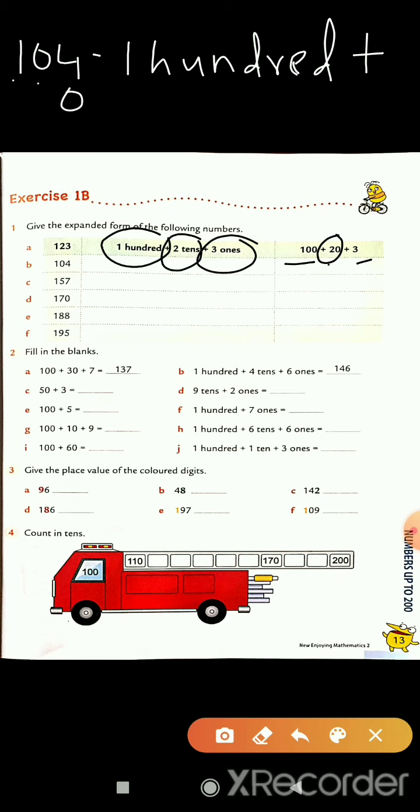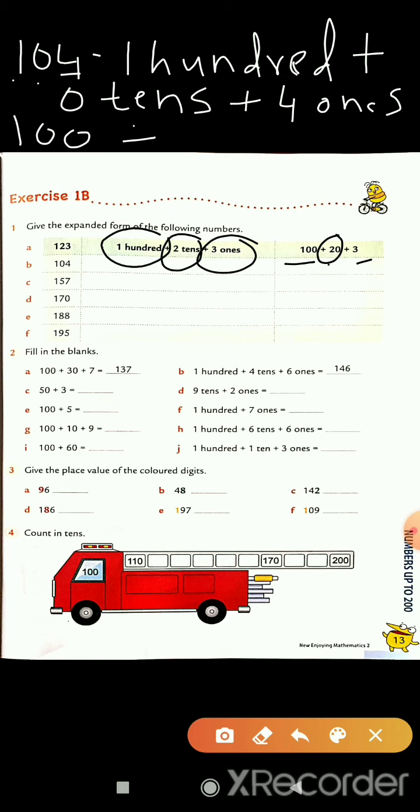Plus 0 tens, plus what is in the place of ones? 4. So 4 ones. Or it can be written as 100 plus 0 tens means 0 plus 4 ones means 4.